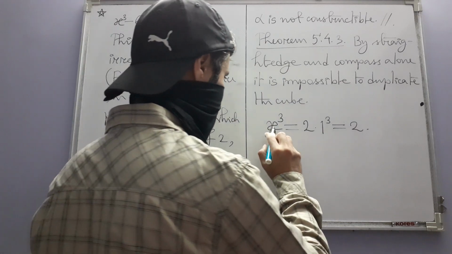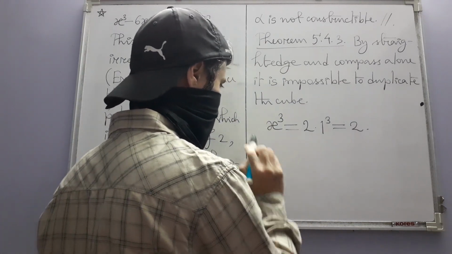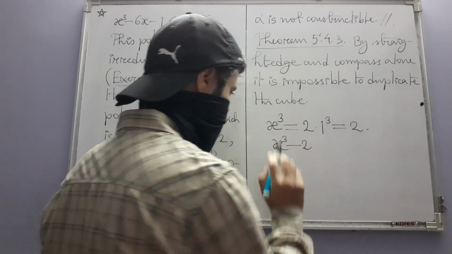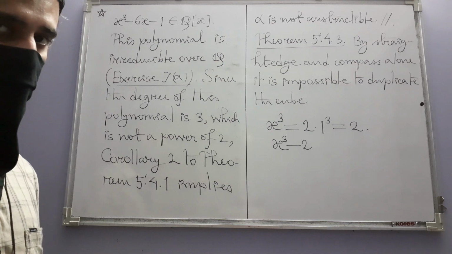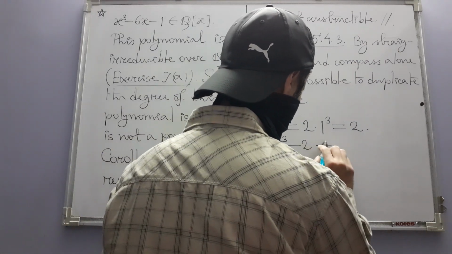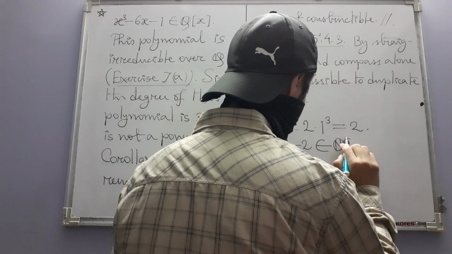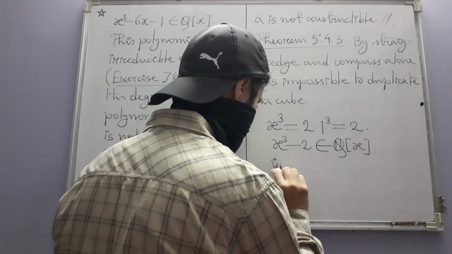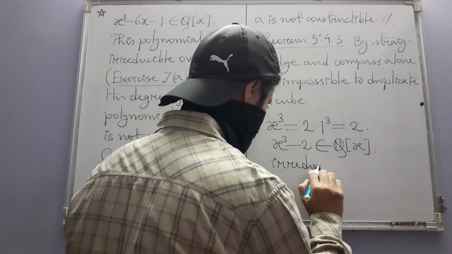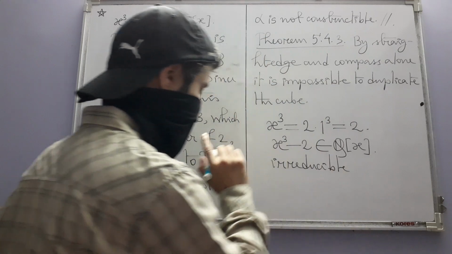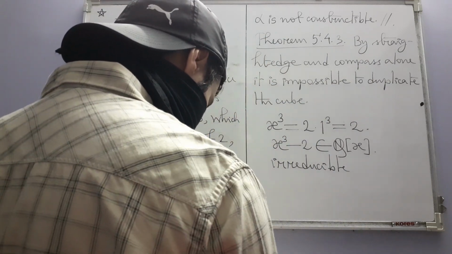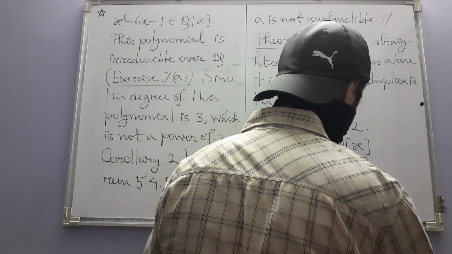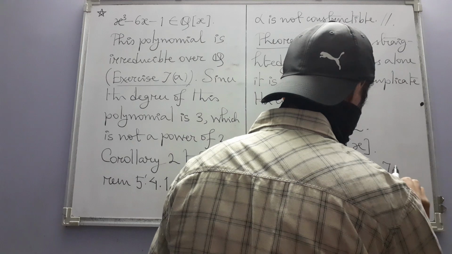But then that x, that side length of the new cube, satisfies this cubic polynomial x cubed minus 2 over the field of rational numbers, and this polynomial is also irreducible, and just like there, this one is also going to be handled in one of the exercises. This is exercise 7b.